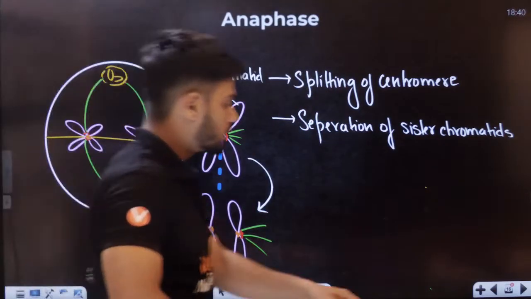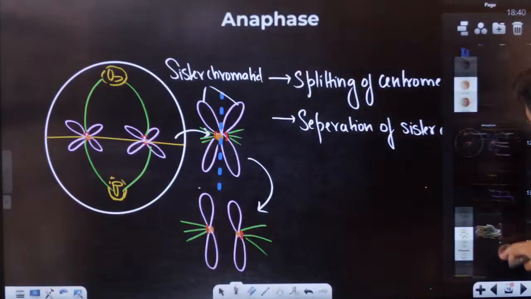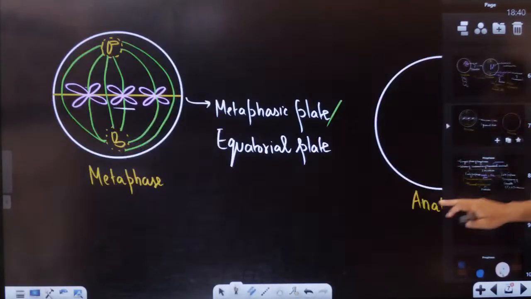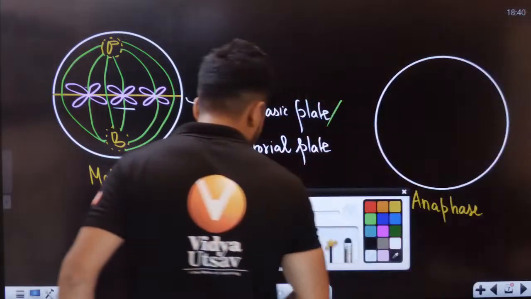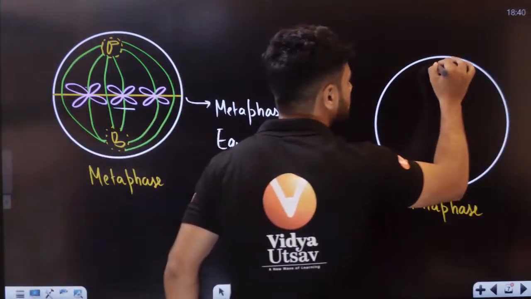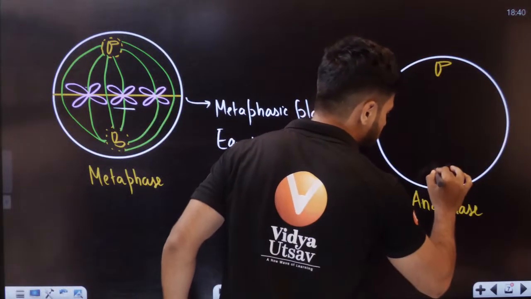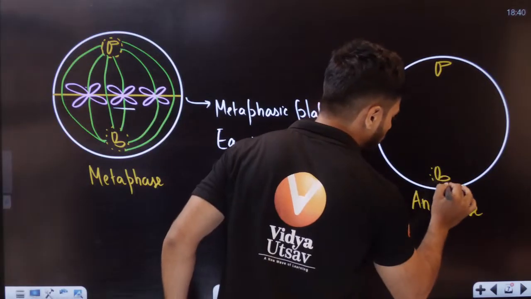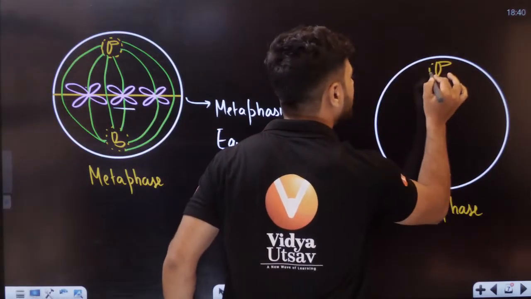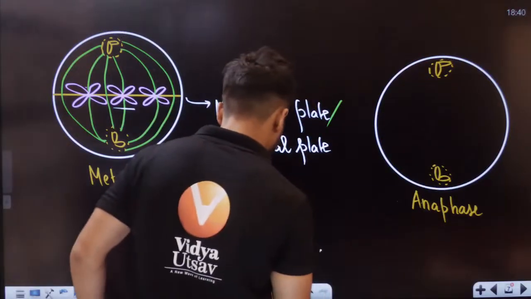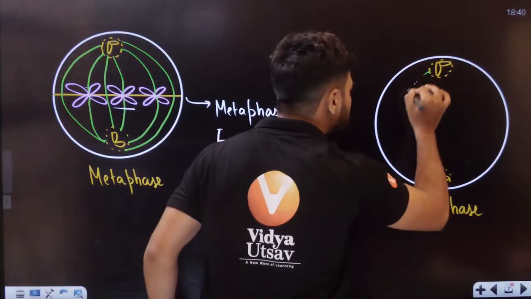Now, students, this is how the actual anaphase looks right now. Anaphase. Okay, let me show you. Here we have the centrosome with amorphous pericentriolar space, and here we have the spindle fibers.